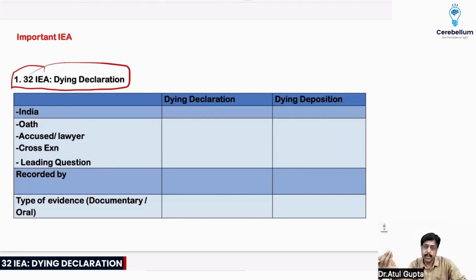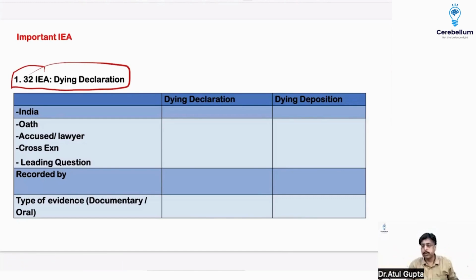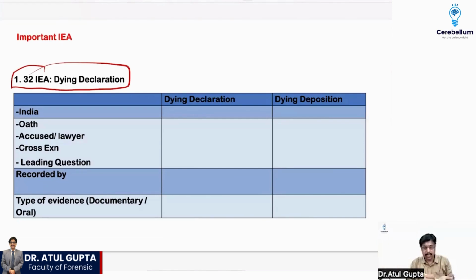So just the basic thing: a dying declaration is a declaration where you don't do many formalities. The person is dying, you are just passing by, or you are a doctor, and a lady comes with 90% burns, you take the statement. You don't ask leading questions, you don't ask the lawyer to come, you simply record her statement, because you know that lady can die anytime.